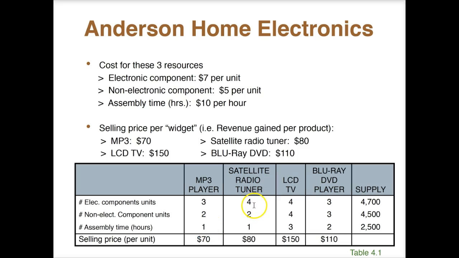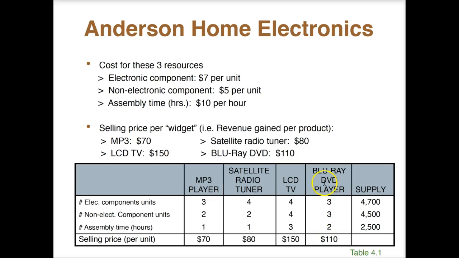For the satellite radio tuner, we have 4 electronic component bundles, 2 non-electronic component bundles, and 1 hour of assembly time. For the LCD TV, we need 4 electronic and 4 non-electronic components and 3 hours of assembly time. And for the Blu-ray DVD, 3 electronic and non-electronic component bundles and 2 hours of assembly time.